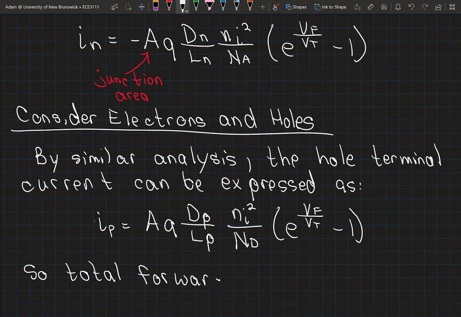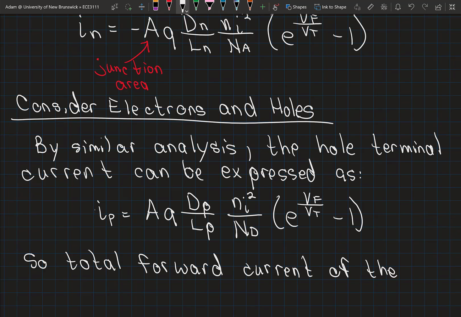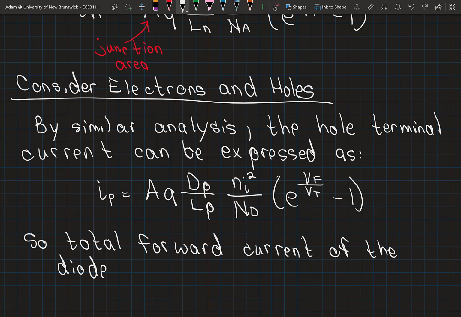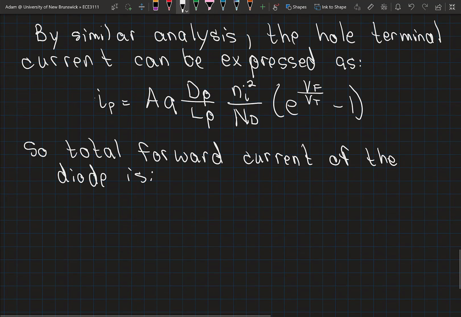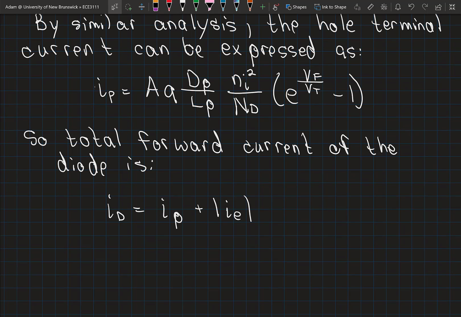So the total forward current of the diode is the sum of the current due to the holes plus, and I'm going to take the absolute value of this, because although our derivation showed that the electron current was negative, by conventional current terms it's actually in the opposite direction, so the two negatives would cancel, so we can just sum these directly.